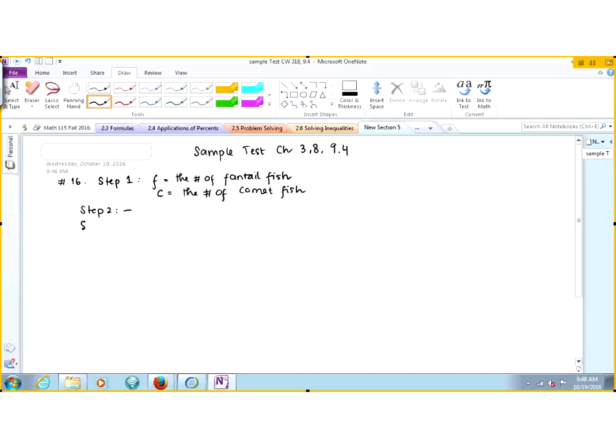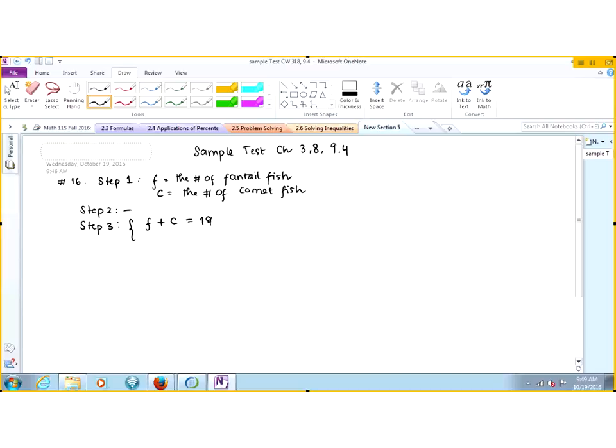Okay. Step 2, there is no table. Step 3, okay. What are the two equations? Yes, F plus C is equal to 19. So this is your total. What about it says that there were 3 fewer fantails than comets.